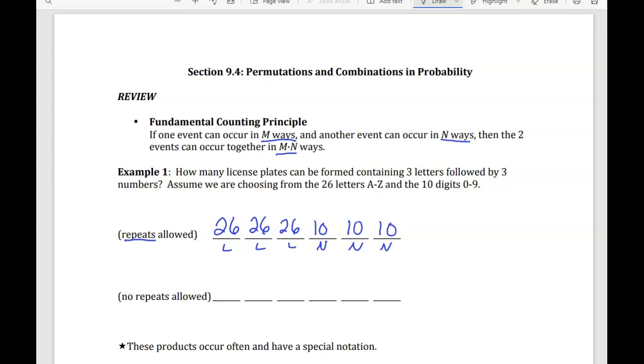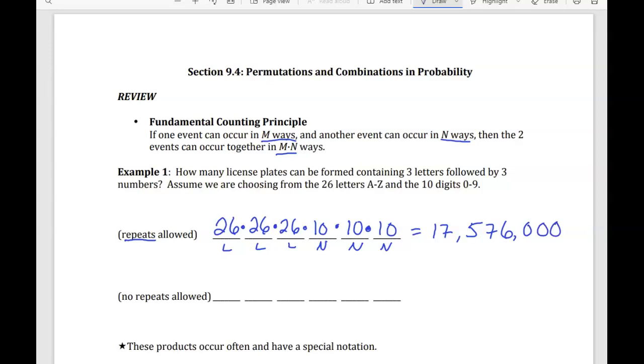And to get the total number of license plates, I'm going to multiply all of these together. When I multiply these together, I can make 17,576,000 different license plates.